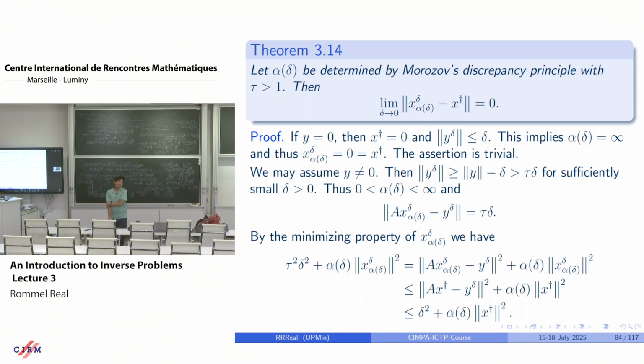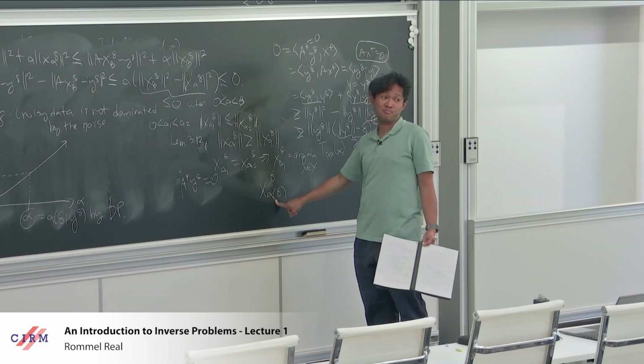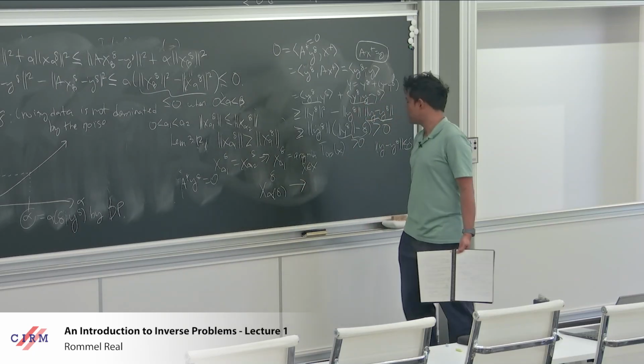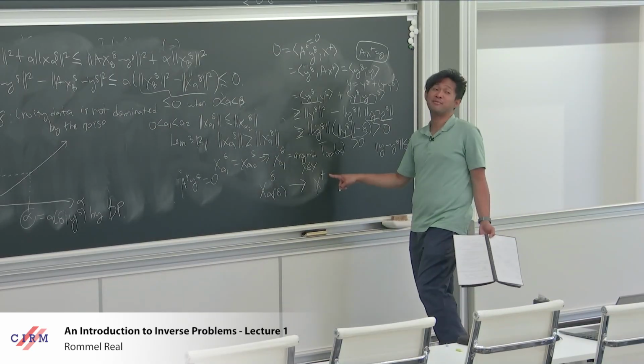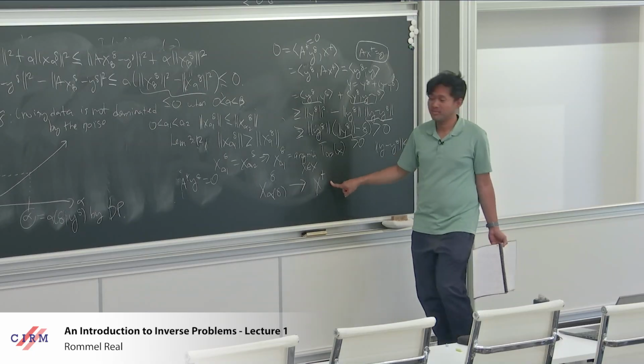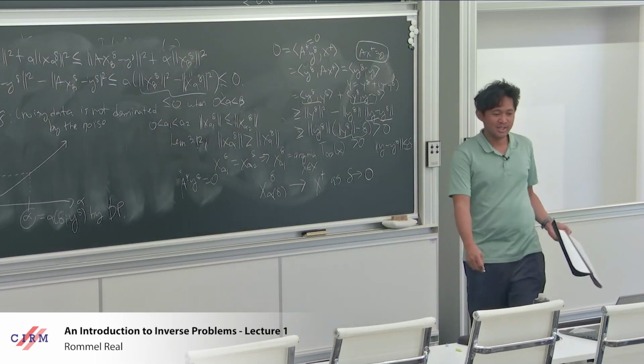If the regularization parameter is determined by the discrepancy principle with tau greater than 1, then we must have the following result, which tells us that the regularized solution must approach the exact solution, x dagger, or in fact, it must approach the minimum norm solution, x dagger, as your noise level decays to 0.